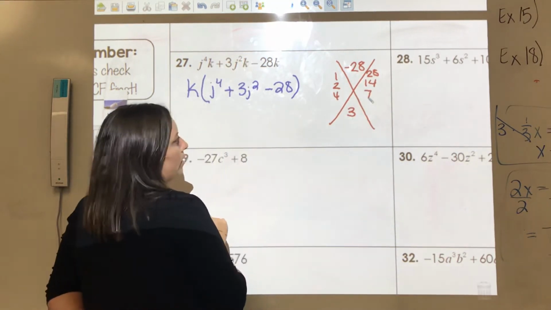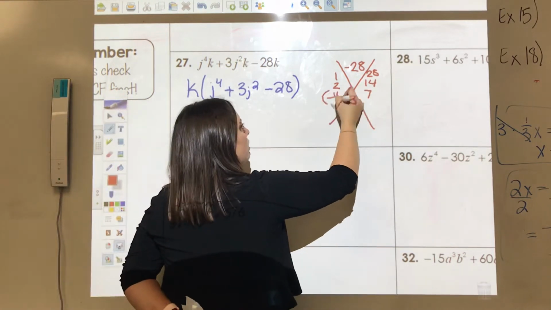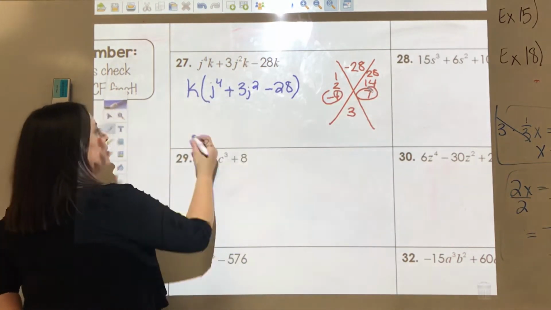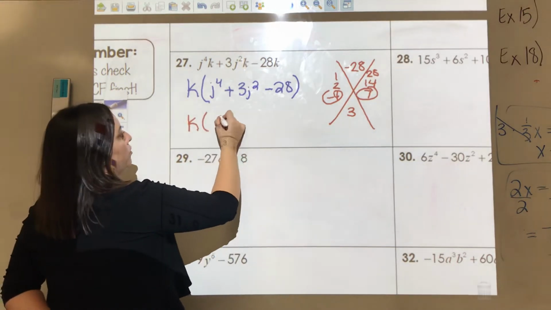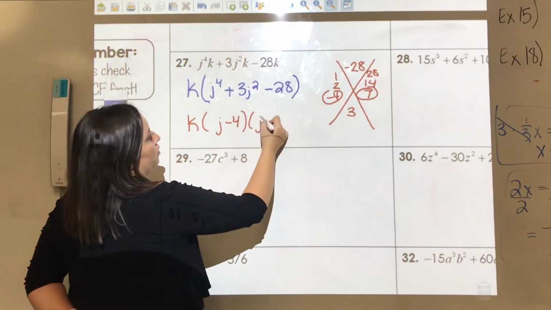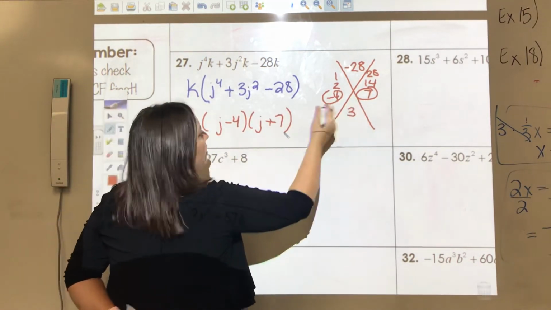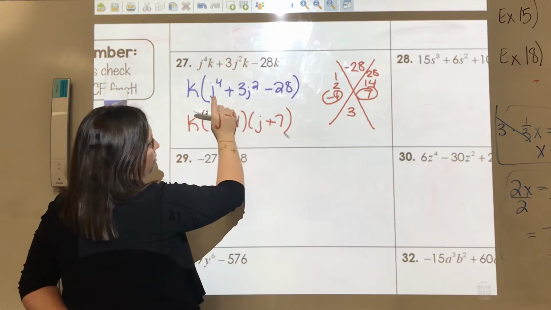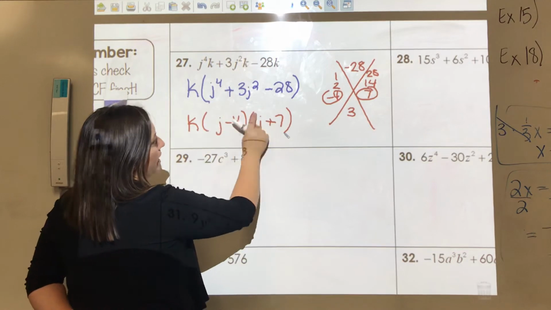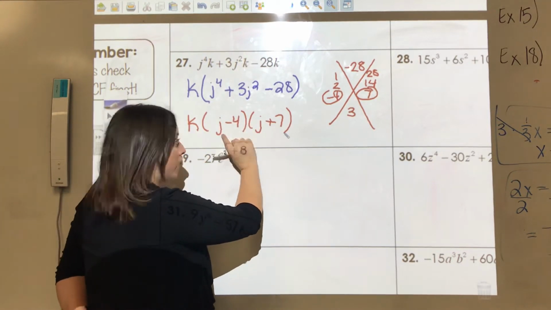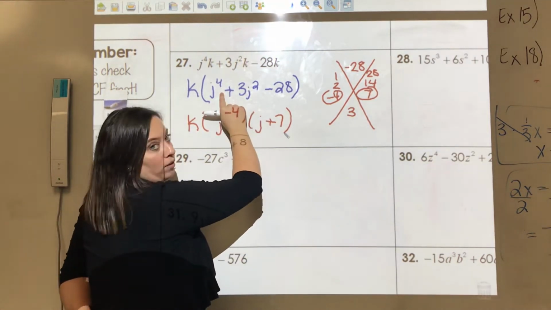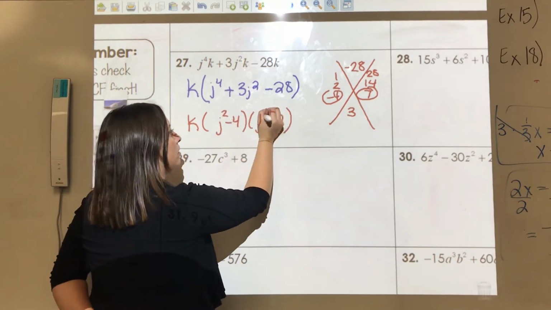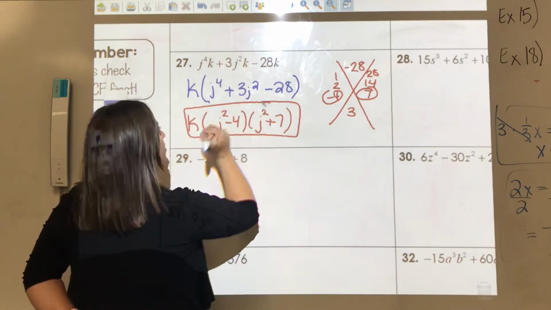How can we get a 3 out of this? 7 minus 4. So we got k, we're going to do j minus 4, j plus 7, right? Negative 4 plus 7. Wait a second, remember, when I multiply this, I'm supposed to get this right here. J times j is what? J squared. It says j to the 4th, so that means we need to put squares here. Now we are finished.